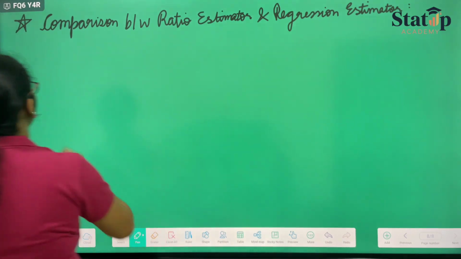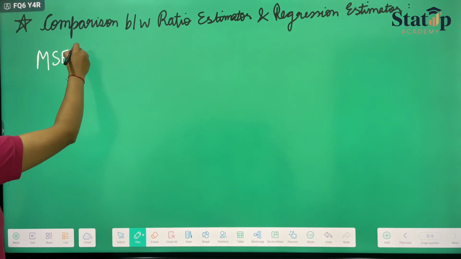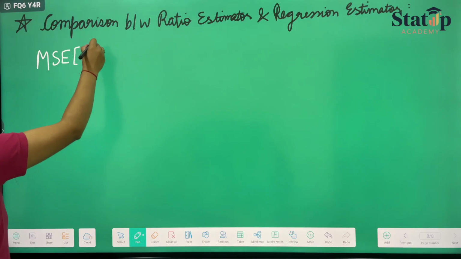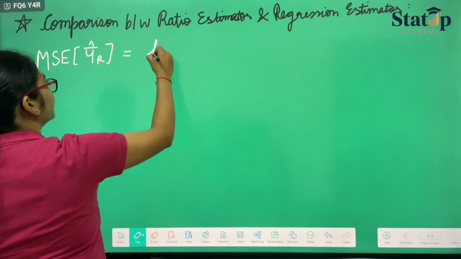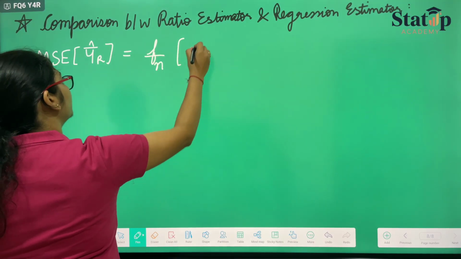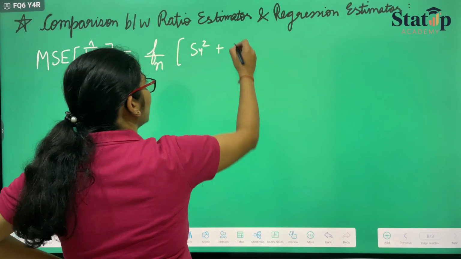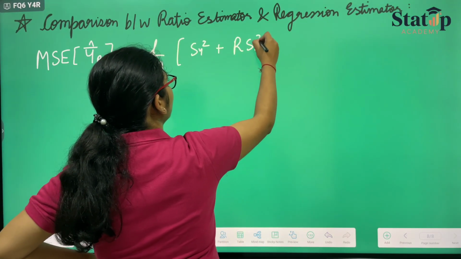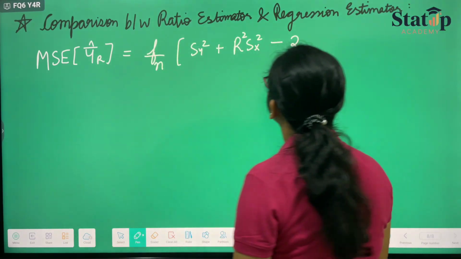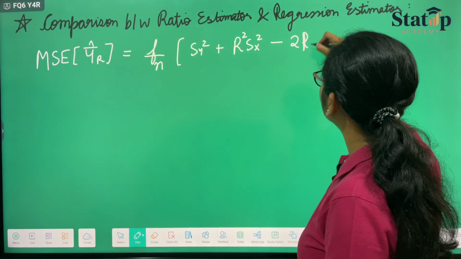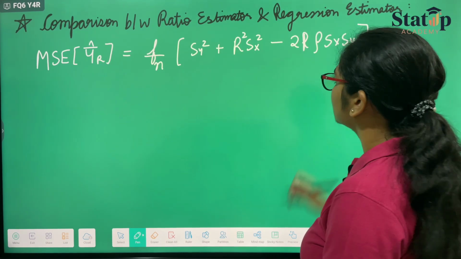Now the formula for MSE of ratio estimator was f by n into Sy square plus R square Sx square minus 2 R rho Sx Sy. This was the formula.